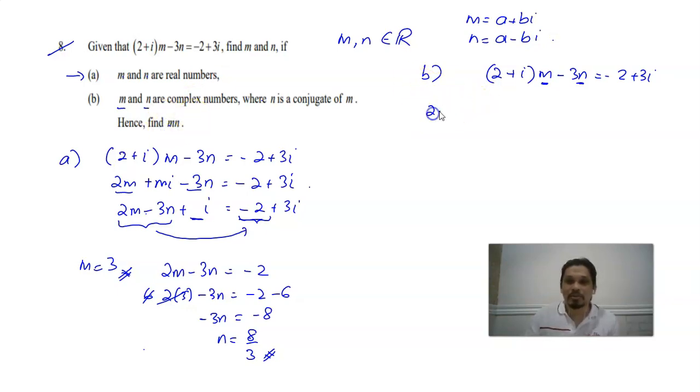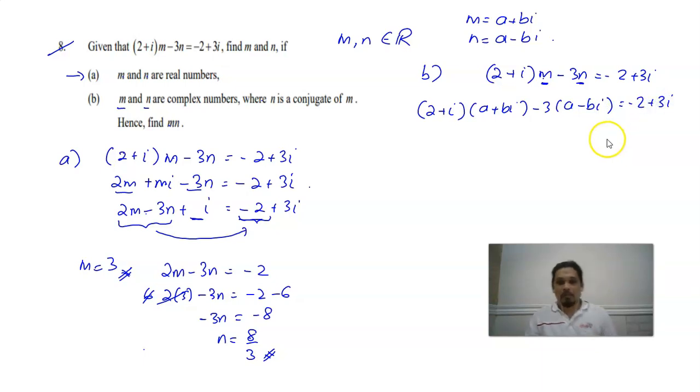So 2 plus i, m where a plus bi, minus 3n, a minus bi, equal to negative 2 plus 3i. 2 times a, 2a, 2 times bi, plus 2bi, plus ai, plus i times bi, bi squared.